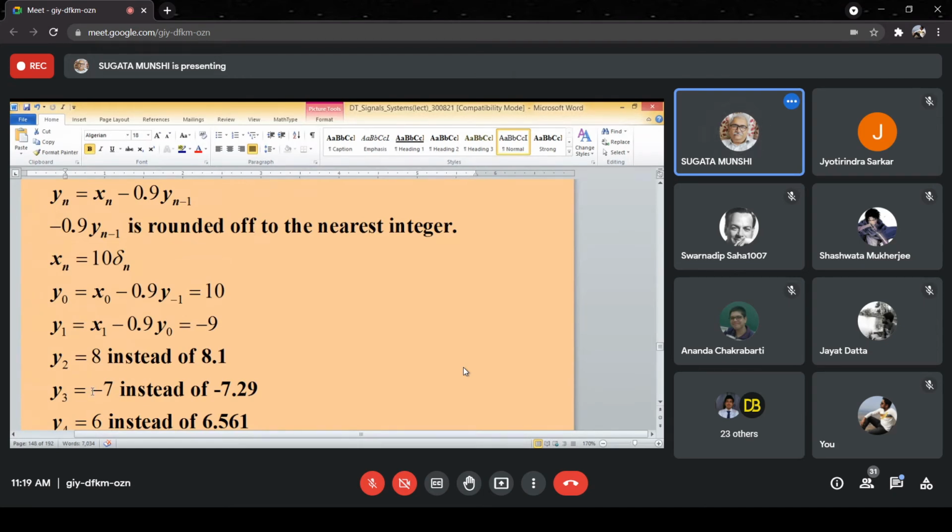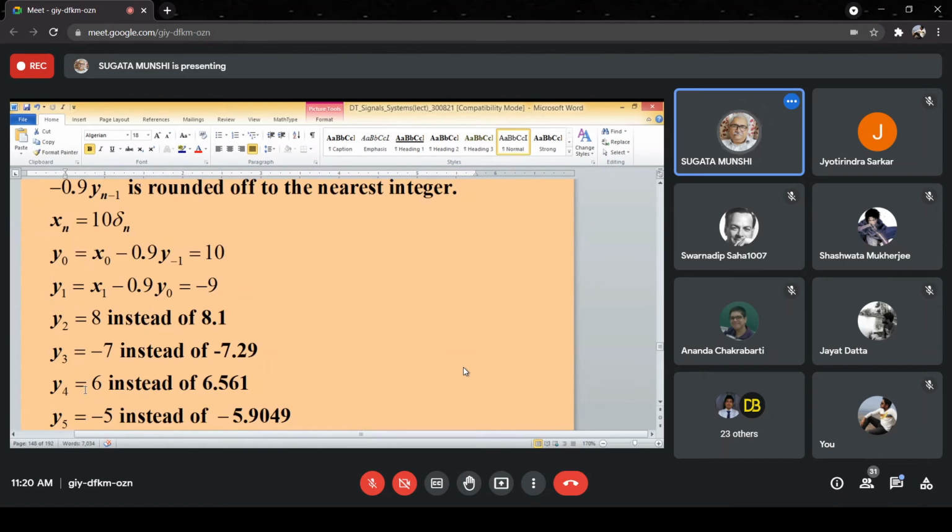y[3] will be 8 into minus 0.9. That means how much? Minus 7.2, that means minus 7. If y[2] had been 8.1, y[3] would have been minus 7.29. Come to y[4].